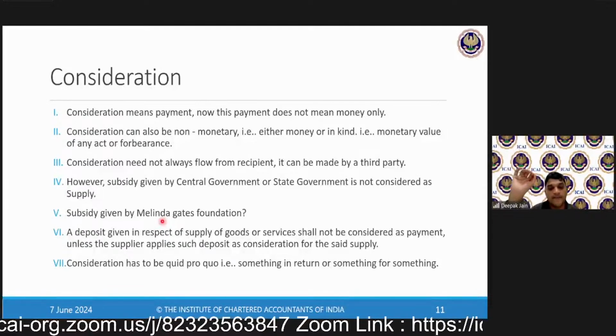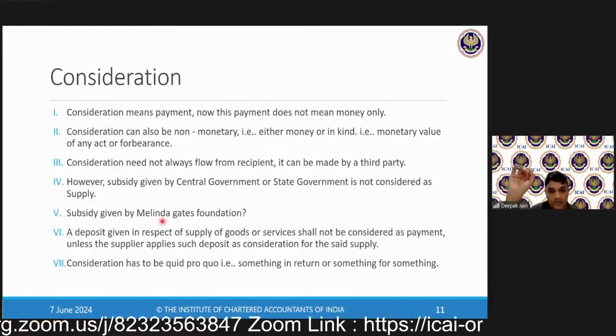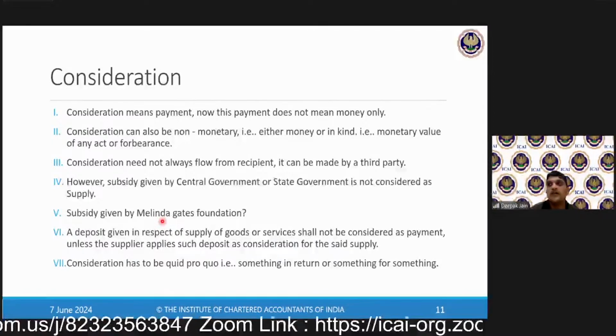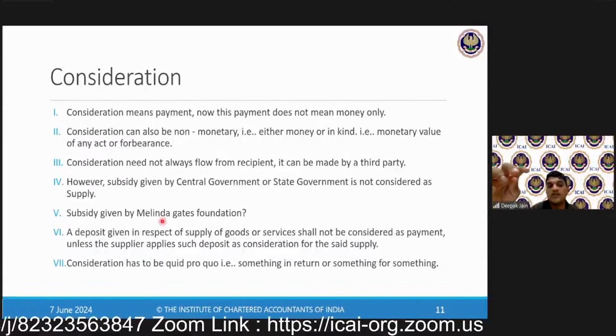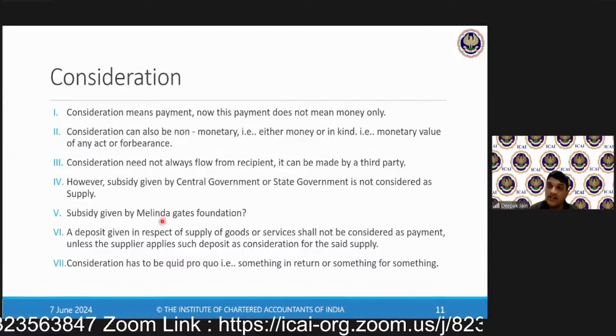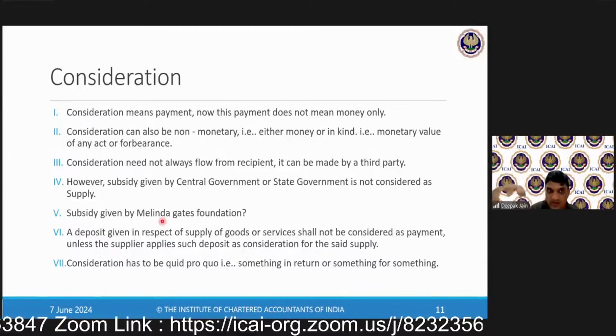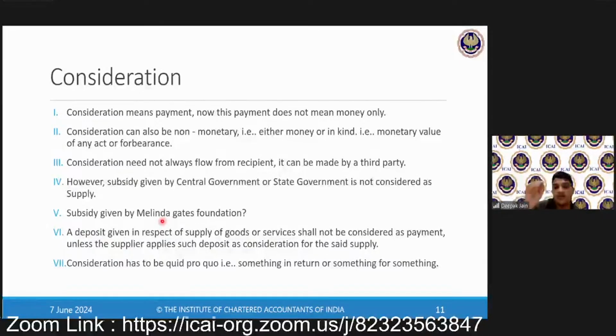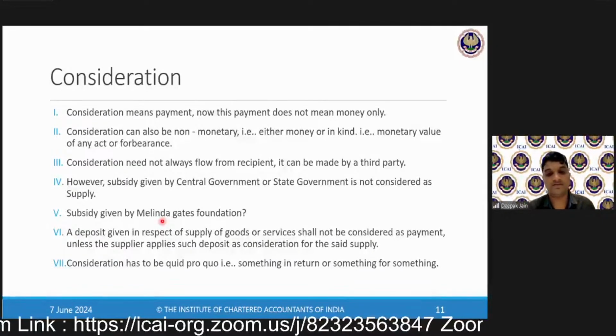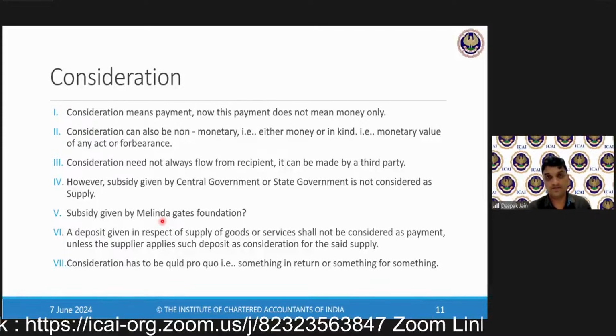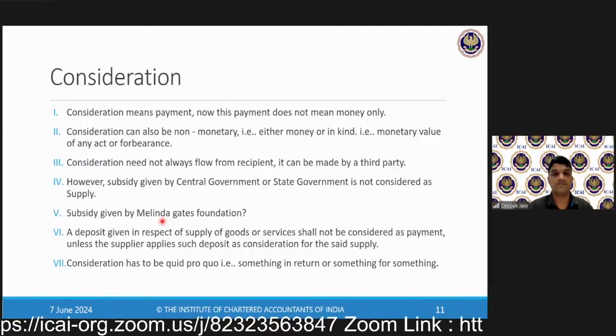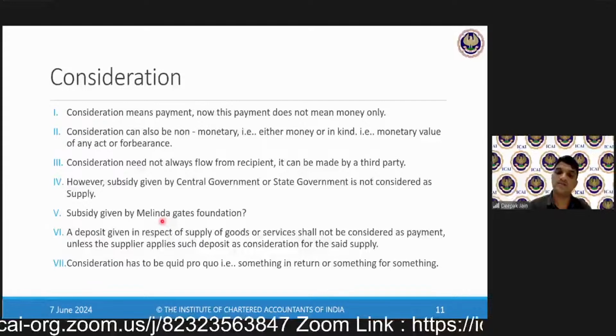Will this be considered as consideration? Will you pay GST or no? You will pay GST. Okay.